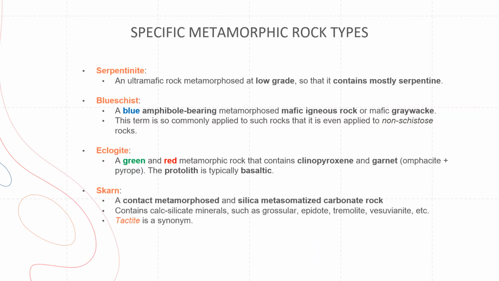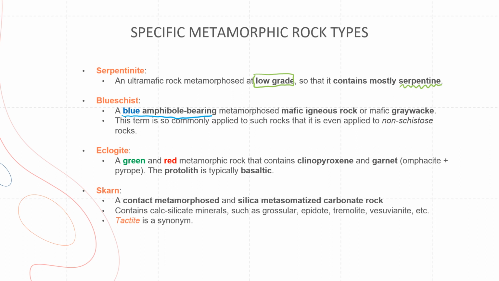The next 4 examples for our specific metamorphic rock types are serpentinite, blue schist, eclogite, and skarn. The first example, serpentinite, is an ultramafic rock metamorphosed at low grade. So the main component would be serpentine. The next rock on our list is blue schist, and blue schist is a blue amphibole-bearing metamorphosed mafic igneous rock, or mafic greywacke.